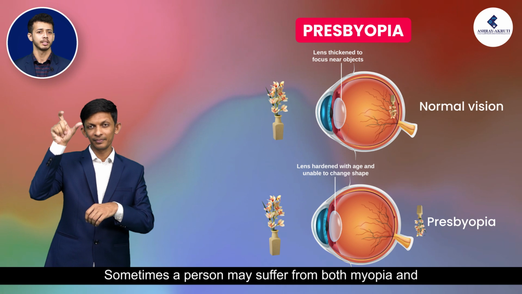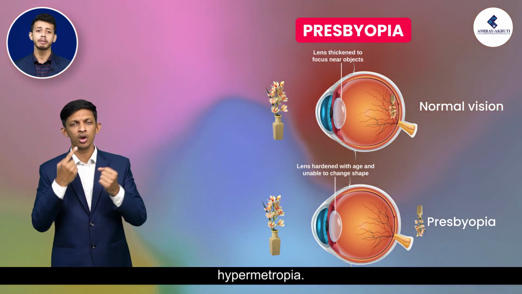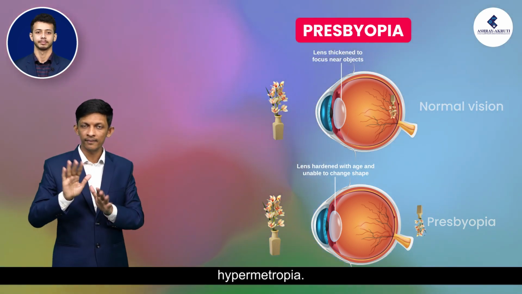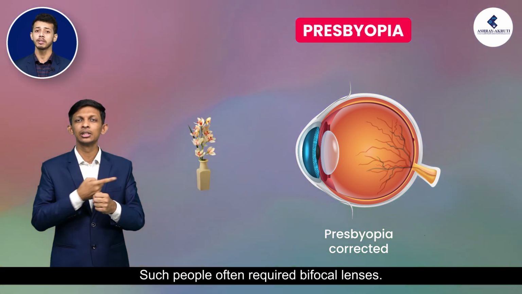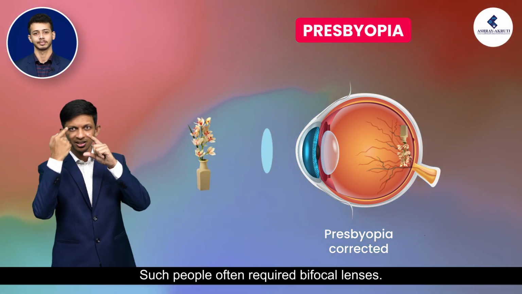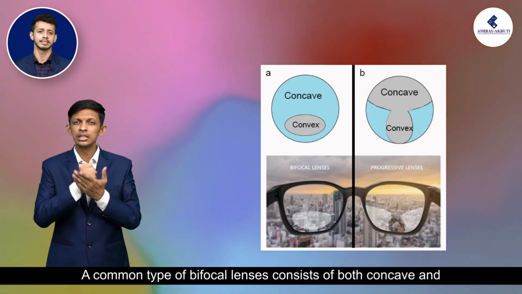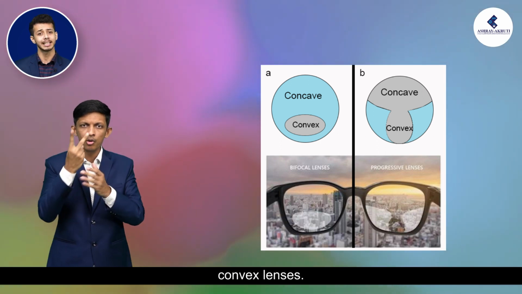Sometimes a person may suffer from both myopia and hypermetropia. Such people often require bifocal lenses. A common type of bifocal lenses consists of both concave and convex lenses.